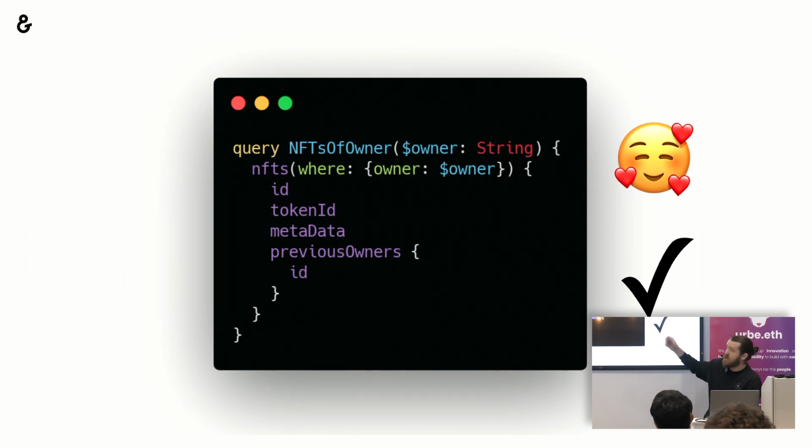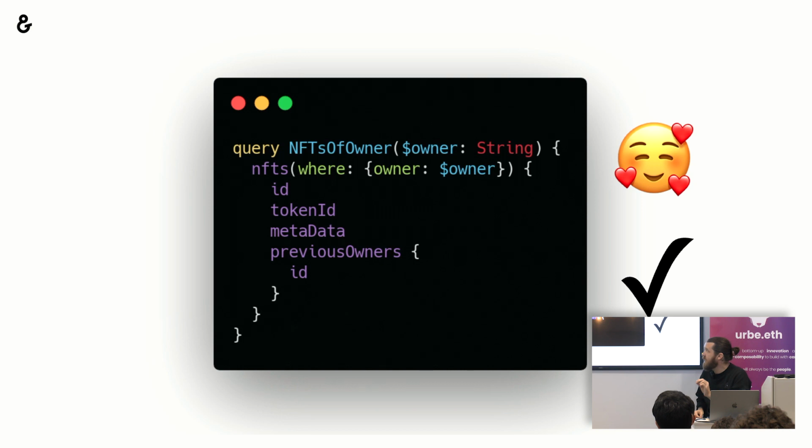So what we can do is, The Graph is powered by GraphQL. Who here has used GraphQL? Okay. GraphQL is awesome, first of all. I mean, we are at Facebook Meta, so they're the creators of GraphQL. It's a query language that allows you to query for exactly what you want.